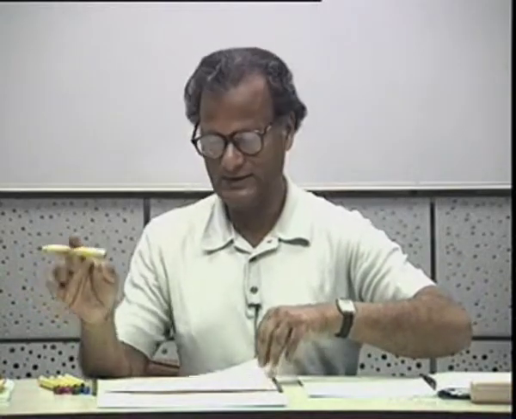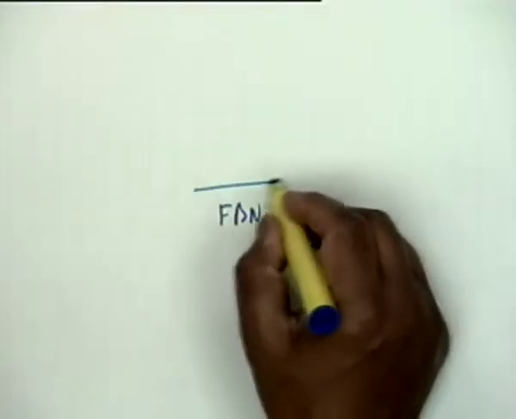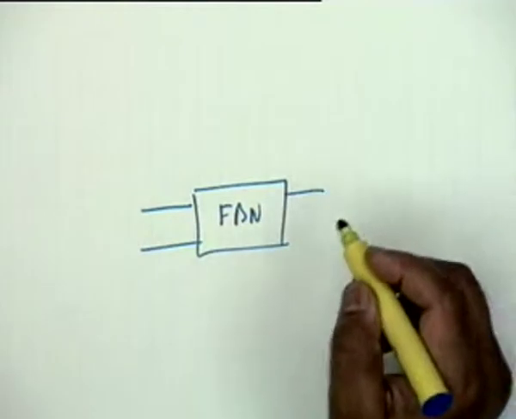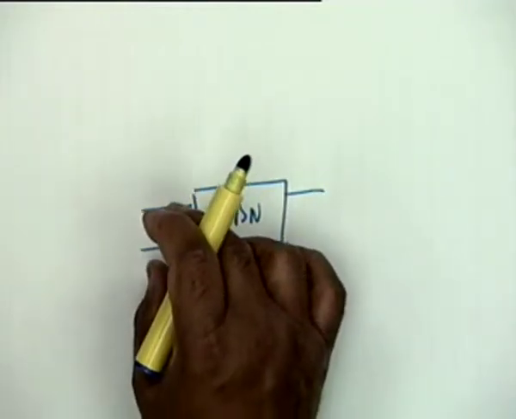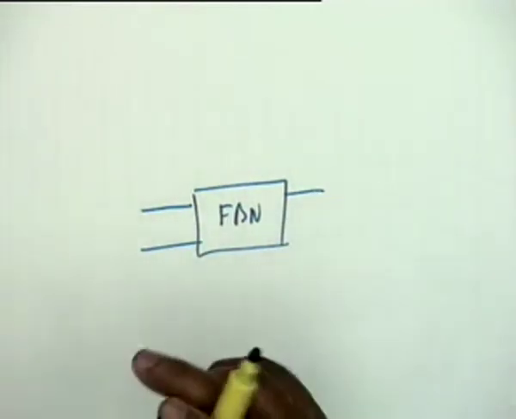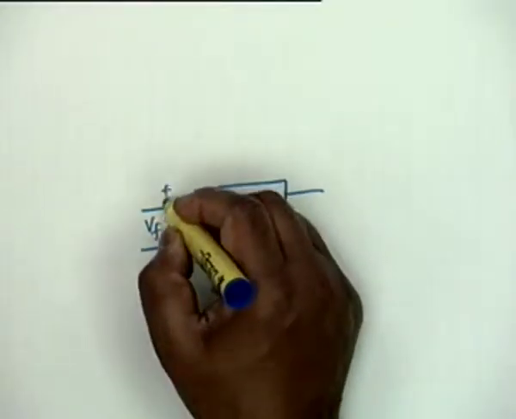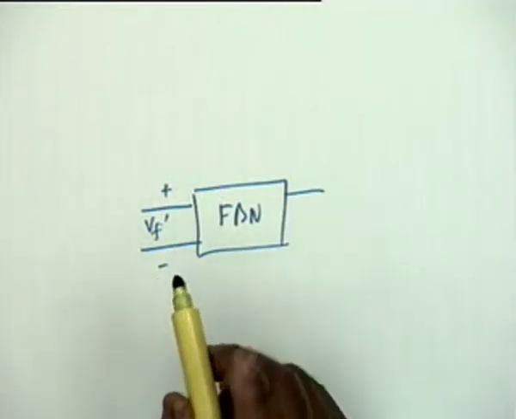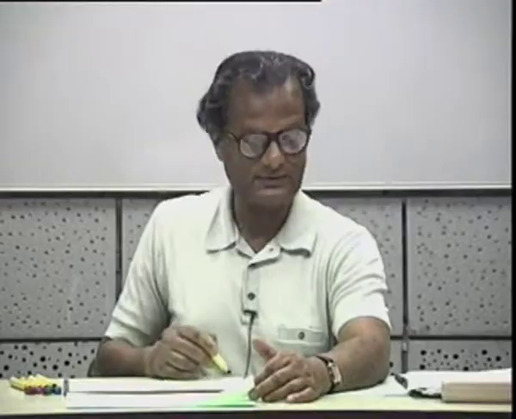Similarly, for the beta circuit, since the input connection is series, what do you want from the feedback network? A voltage or a current? Voltage. So you want a Vf prime with this polarity, with these terminals opened or shorted? Opened, because it's a series connection.